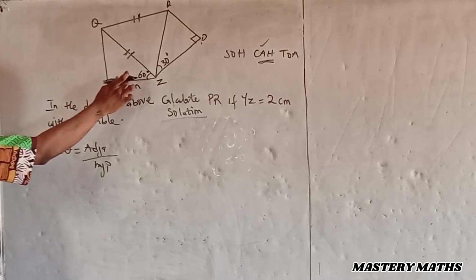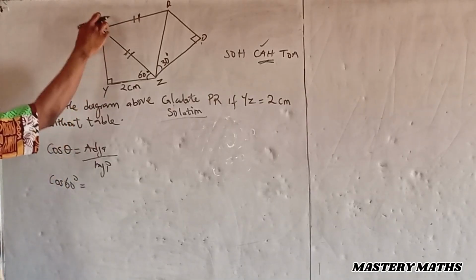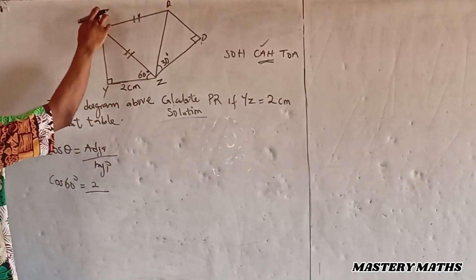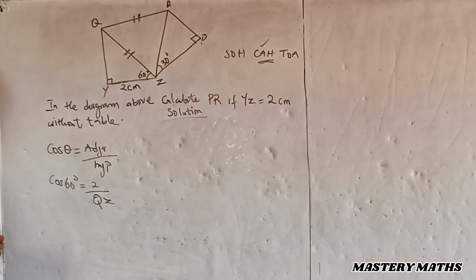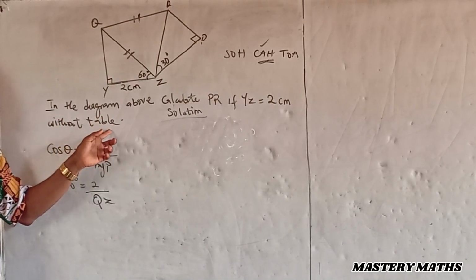Now the theta there represents the 60 degrees. So it will be cos 60 degrees equal to, what is the adjacent? The adjacent is 2, over what is the hypotenuse? Hypotenuse is QZ. Now, cos 60, the question said without table, so we'll not be using our 4-figure table.